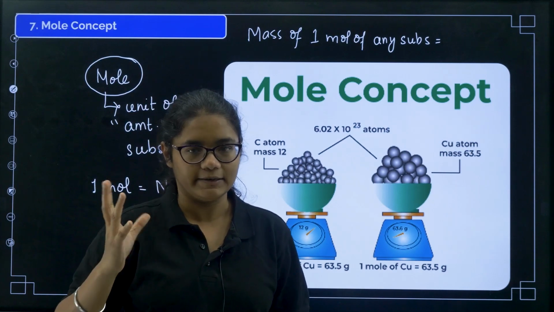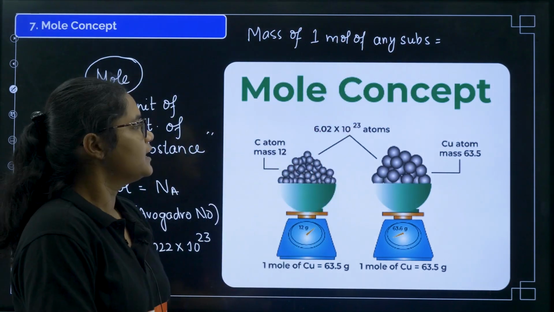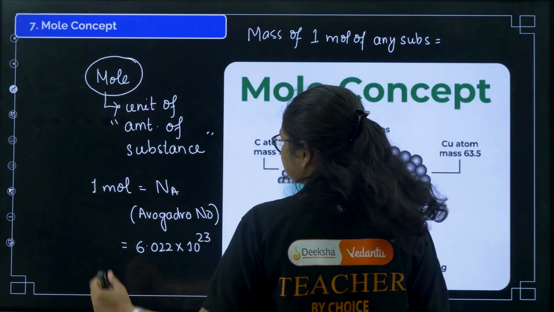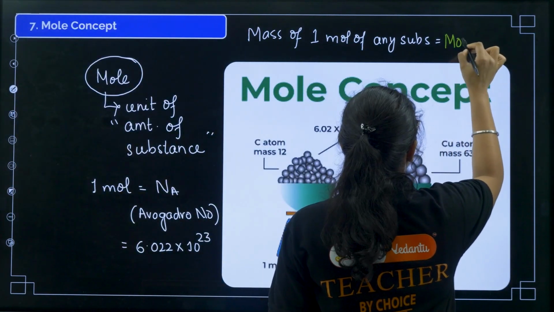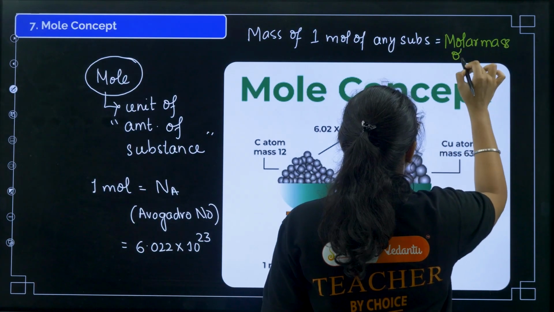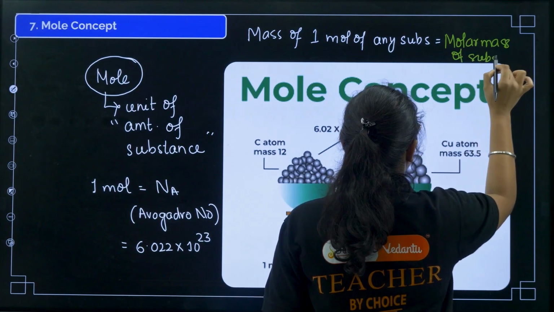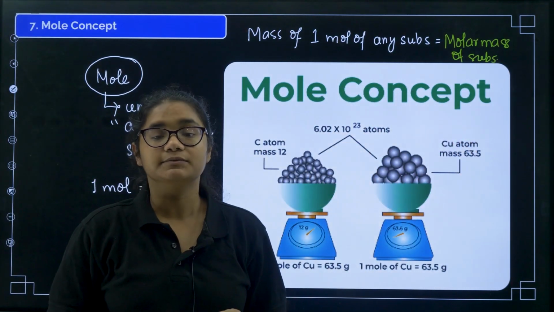It may vary slightly, but we have a fixed mass of 1 mole of any substance. The mass of 1 mole of any substance will be equal to the molar mass of the substance. Mass of 1 mole of anything will be equal to its molar mass.